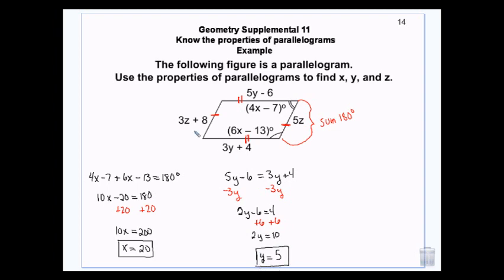And finally, for the z's, I have these two short sides are equal to each other. So 5z is equal to 3z plus 8. So 2z equals 8. So z equals 4.